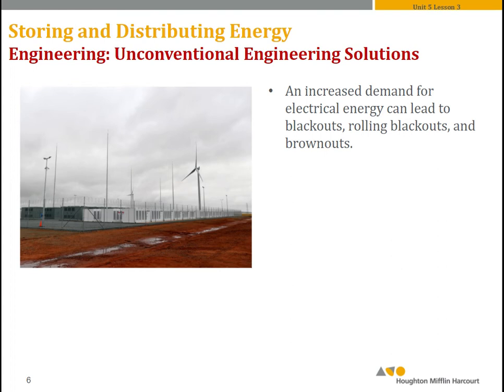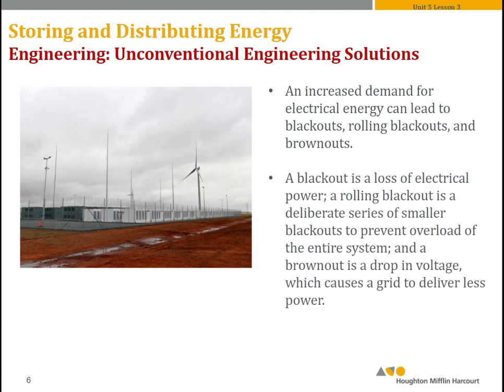When the grid is strained too much, some people lose their electricity for a short period of time because other people are using it. So the rolling blackouts move from one location to another, and they can be pretty inconvenient. A brownout is not a complete loss of electricity, but it's a decrease in the voltage that's available.